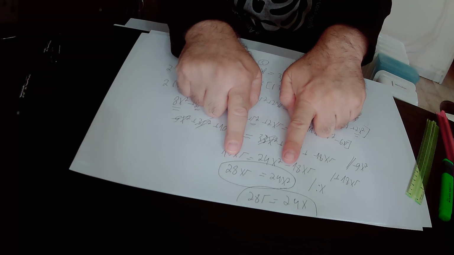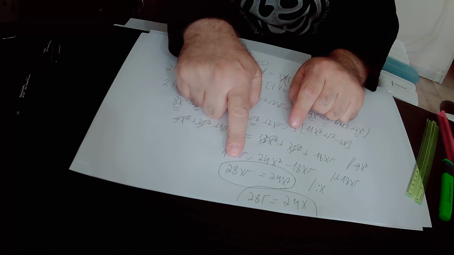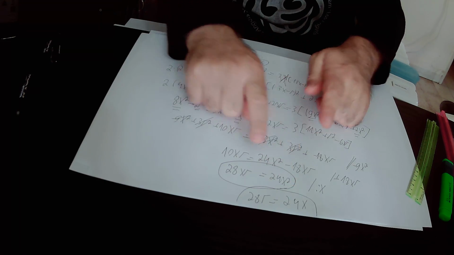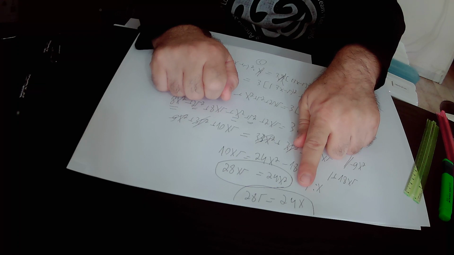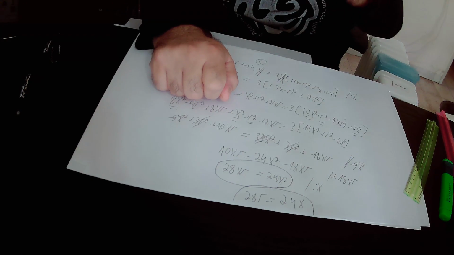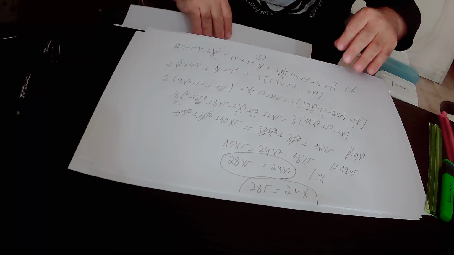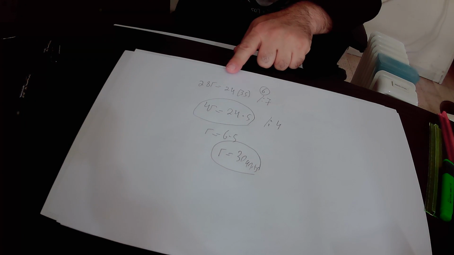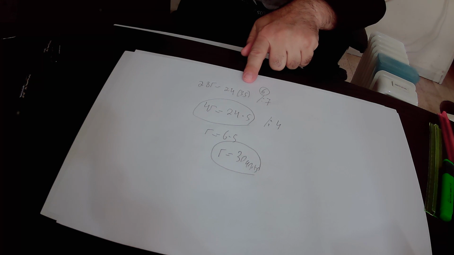Here we divided this equation by x. 28xr over x is 28r, and 24x squared over x is 24x. So in conclusion, we found out that 28r equals 24 times x. Here we substitute x by 35 because according to our definition, x equals 35.